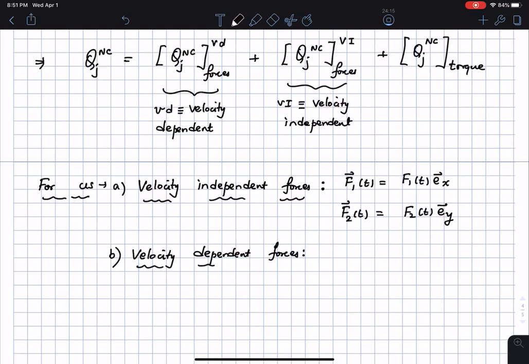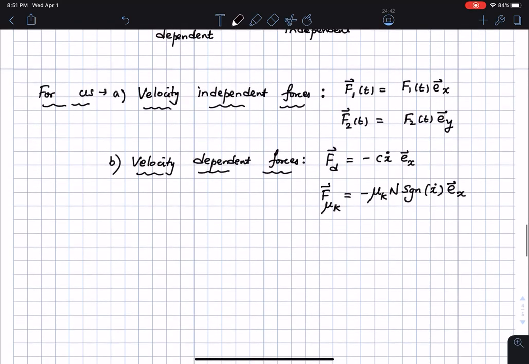Okay, so that's going to be fd, which is minus c x dot. As you see, there is a velocity term coming in there, times the ex, and then f mu k, which is going to be minus mu k times n times the sign of the velocity vector.